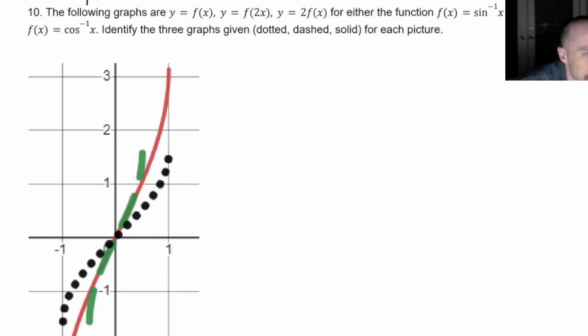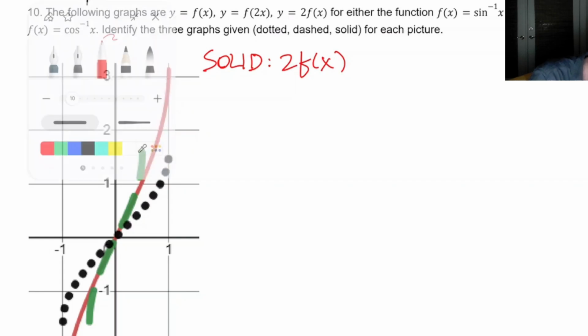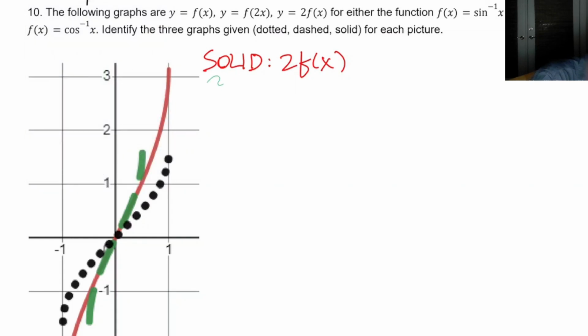So I think that means that definitely red is going to be the one, solid, that's the one that's been vertically dilated by a factor of 2, because it's the tallest. Okay, so I'm going to say solid, which is also red, that's going to be 2f of x.